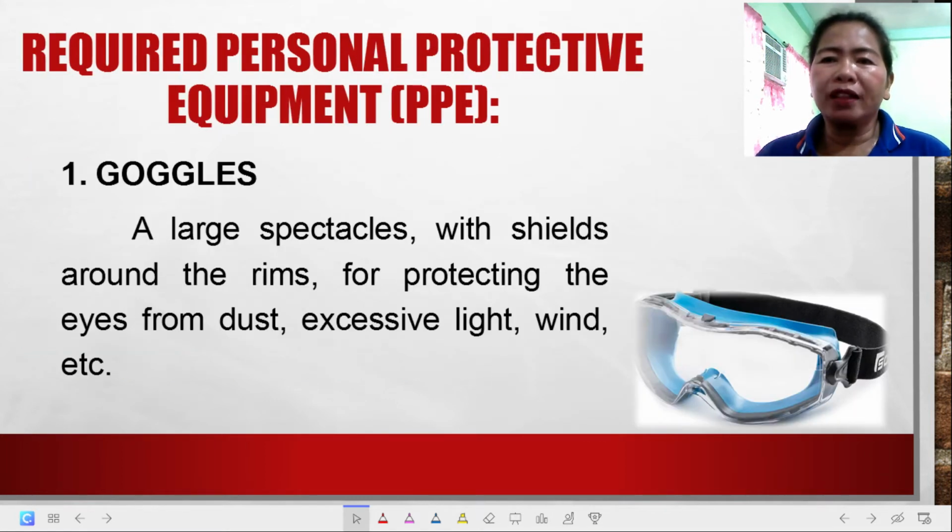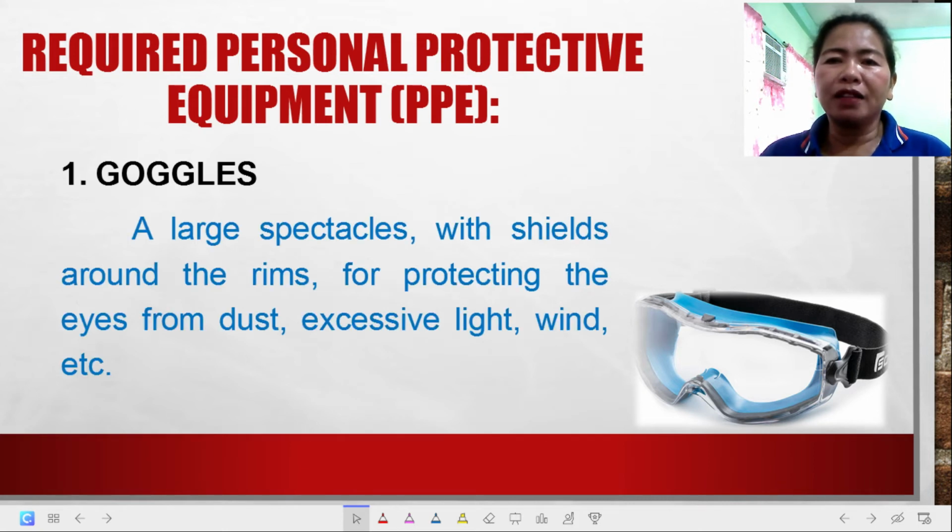Required personal protective equipment. These are the items or the PPE which are required especially in our line of work, which we are considered as future technicians, computer technicians. Number one, goggles.